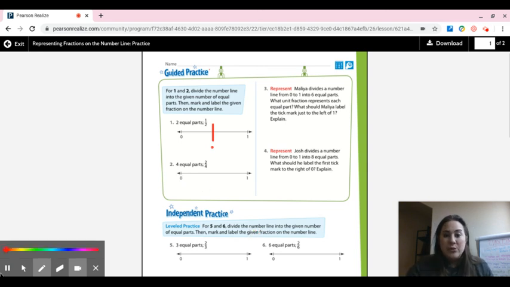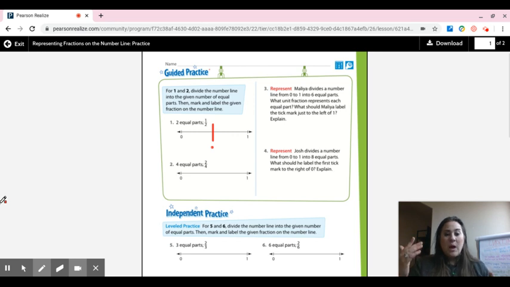Let's look at number 2. 4 equal parts, 2/4. So how many equal parts is my number line going to be divided into? Well, my denominator says 4, so it's going to be divided into fourths. Each segment is going to be 1/4 of the whole.